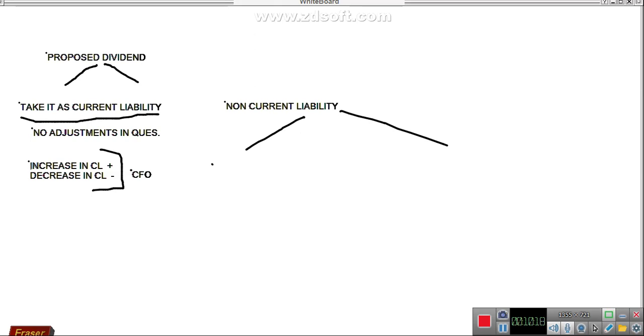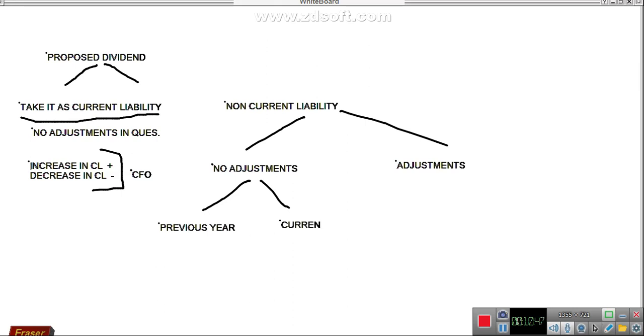One scenario is that in the question no adjustments are given. If no adjustments are given in the question, in that case what you are supposed to do: you will be provided with the previous year value of this proposed dividend and the current year value of this proposed dividend.